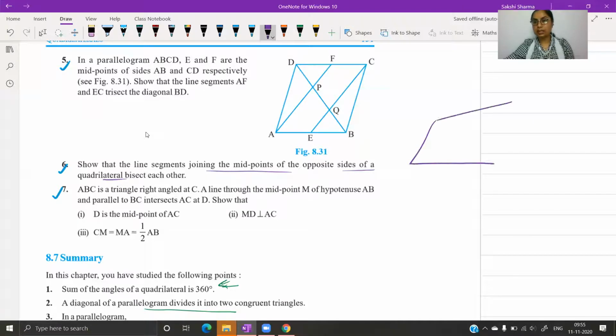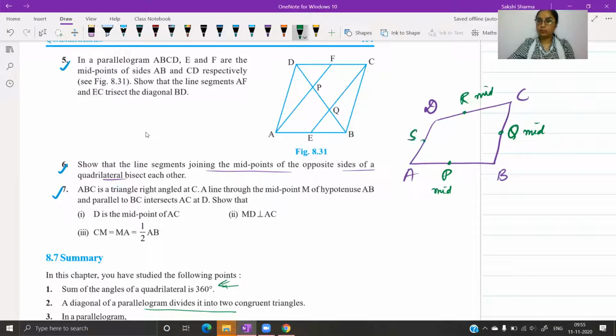So this statement simply means that if you have a quadrilateral, say ABCD, और आपको चारों sides के midpoint दिए हुए हैं, so I'm just writing in short that these are the midpoints here, PQRS for the 4 respective sides. Then what happens if you join the midpoints of opposite sides?